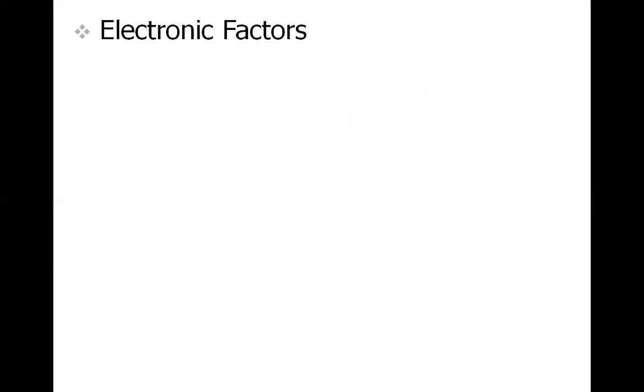Now let us discuss the electronic factors. As you know, alkyl groups are electron donating groups. So if we have two alkyl groups attached to the carbonyl, that is in the case of ketone, both alkyl groups will release electrons towards the carbonyl carbon, thus making this carbon less electropositive. So the nucleophile will find difficulty attacking this relatively lesser electrophile as compared to the better electrophile.